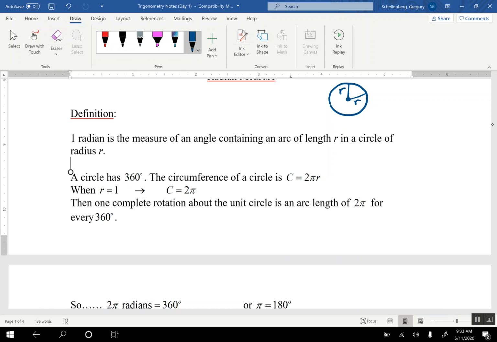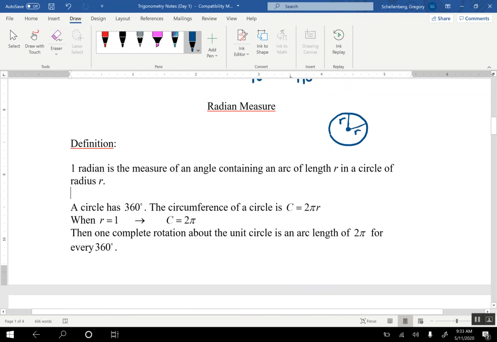So here's the definition of a radian. Now, this distance right here is something that we call arc length. Okay, so it is the measure of a piece of the circumference of the circle.